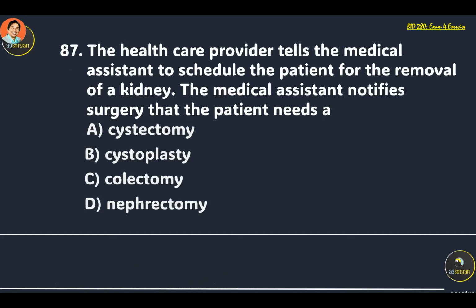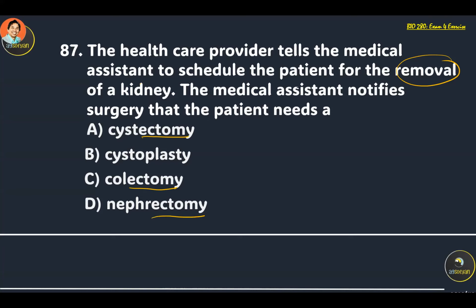The healthcare provider tells the medical assistant to schedule the patient for removal of a kidney. The medical assistant notifies surgery that the patient needs an ectomy. Remember, ectomy is removal. So which one?